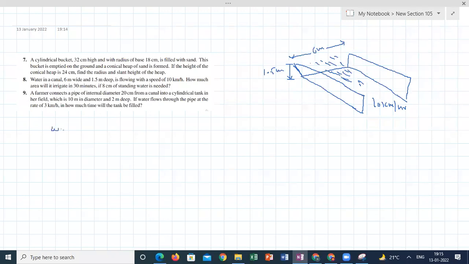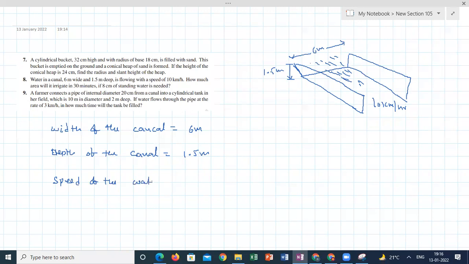So we can write like this: width of the canal 6 meter, depth of the canal 1.5 meter, speed of the water 10 km/h.